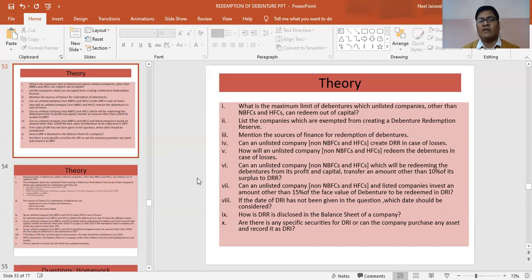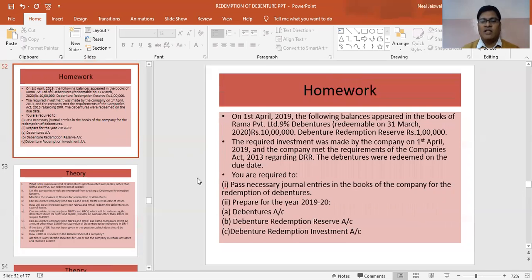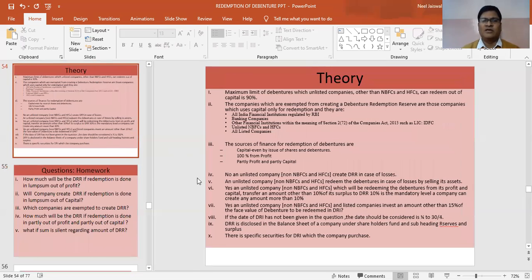Same answer. They can invest whatever they want, but not less than 15% as given in the Companies Act. That means they have to invest higher than the 15% amount. They can, but not lower than that.